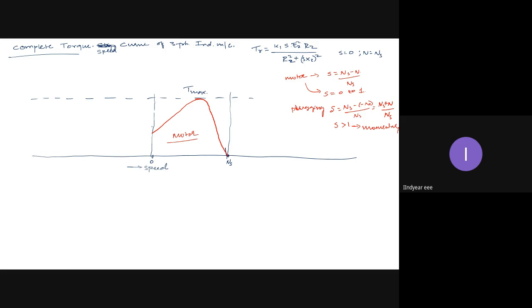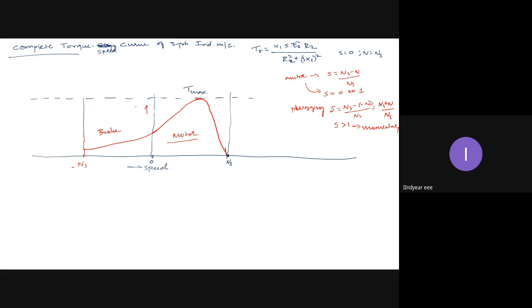Suppose it can be up to ns minus ns, and the characteristic goes like this. So this is the brake. The machine is operating as a brake.